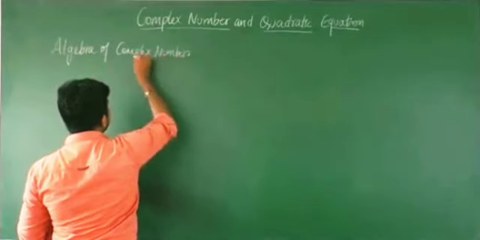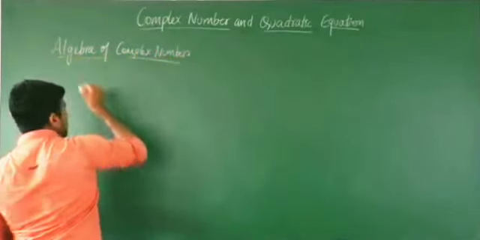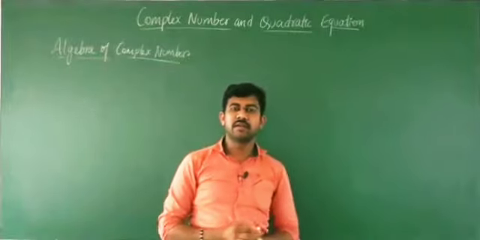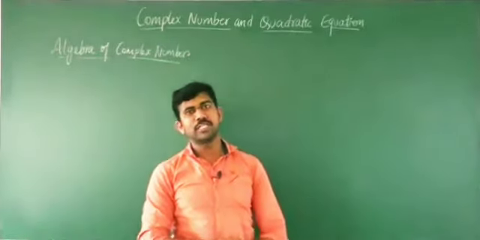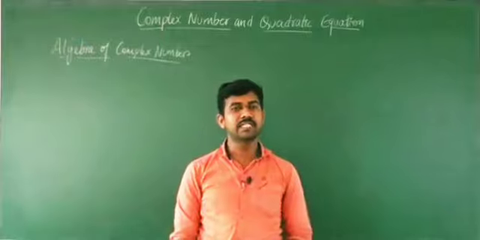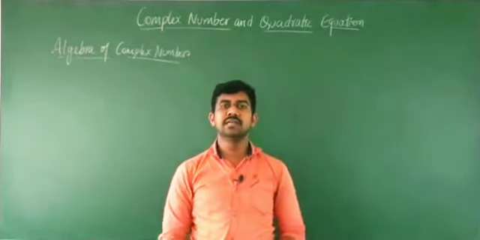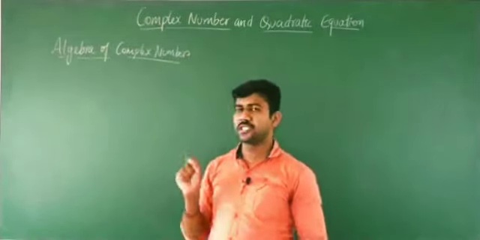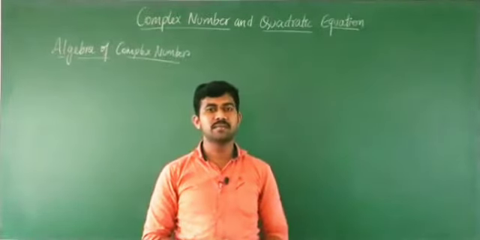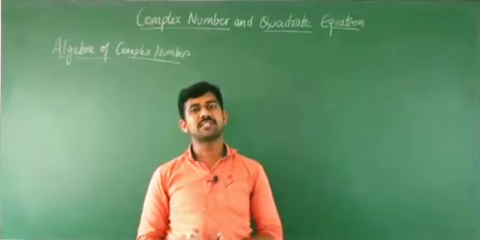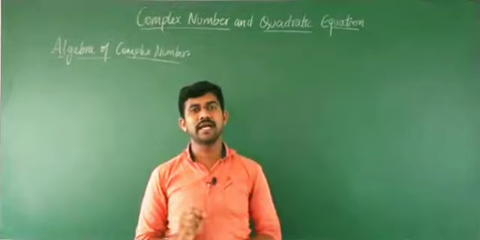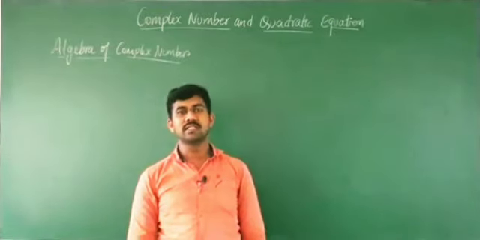Algebra is the study of operations. In basic mathematics, you know the operations we have: addition, subtraction, multiplication and division. Same here, we are going to study how to add two complex numbers, how to subtract, how to multiply, and how to divide two complex numbers.